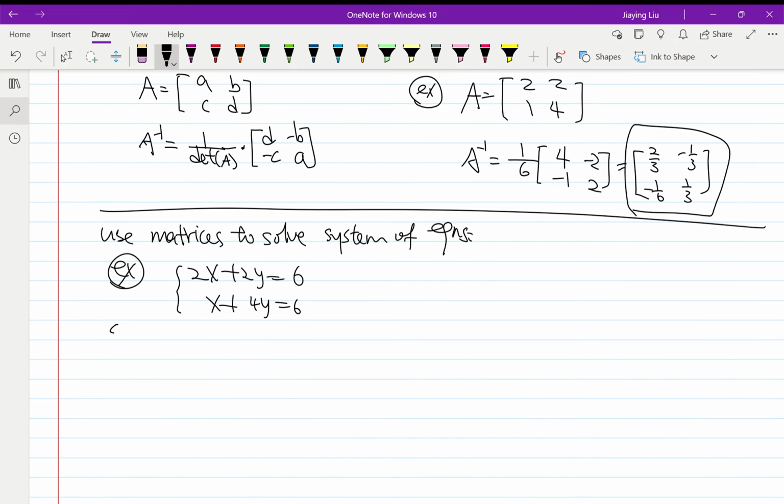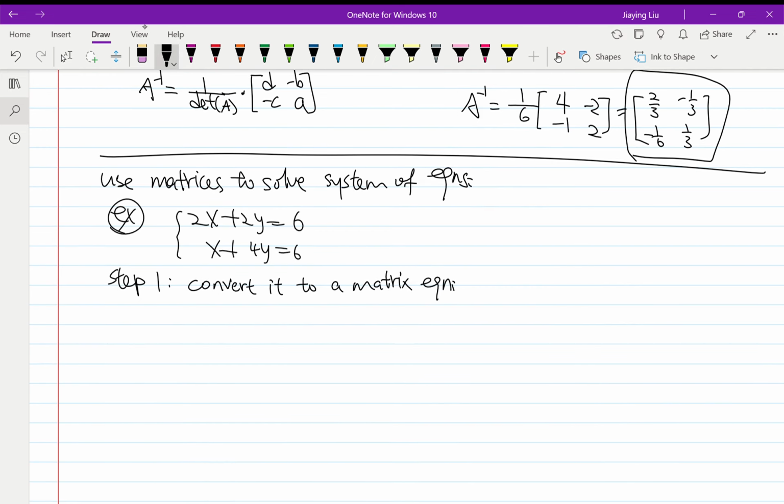So the first step is to convert this into a matrix equation. That involves extracting all the coefficients on the left-hand side from the x and y terms and putting them into a matrix.